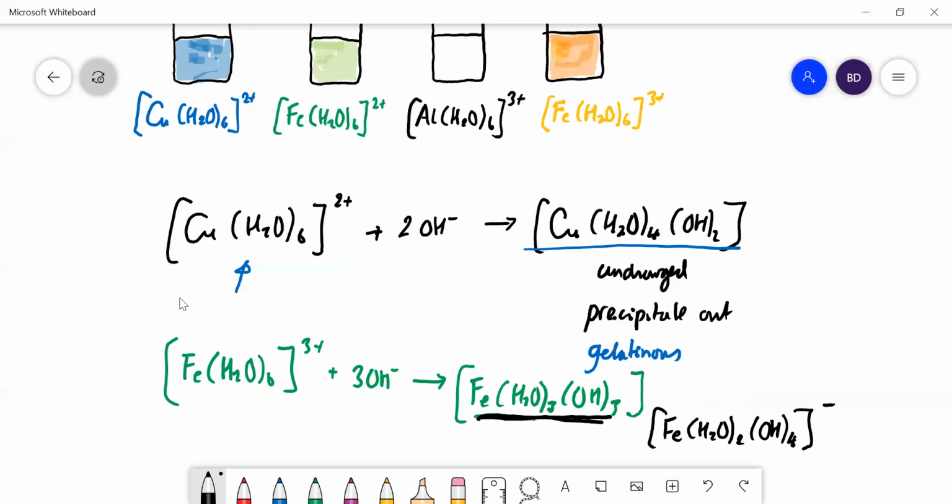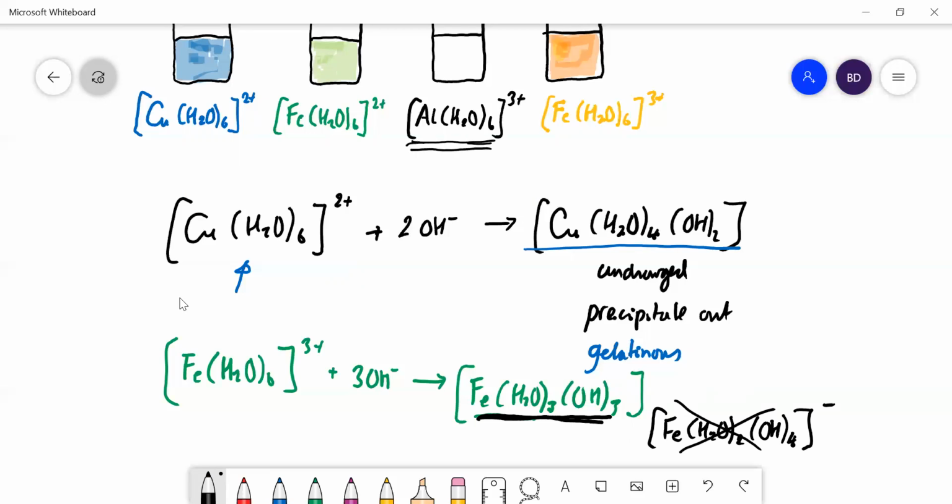But that doesn't happen. Once it's become neutral, you don't remove any more H+s. That's true for all of them except for aluminium, which I'll come to in a minute.